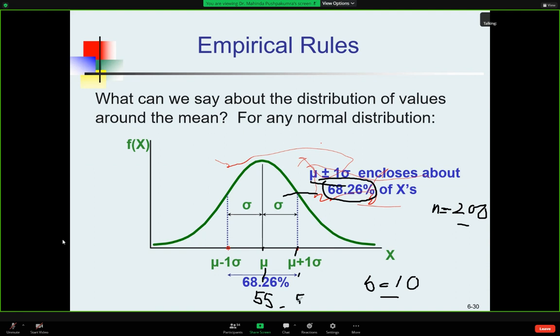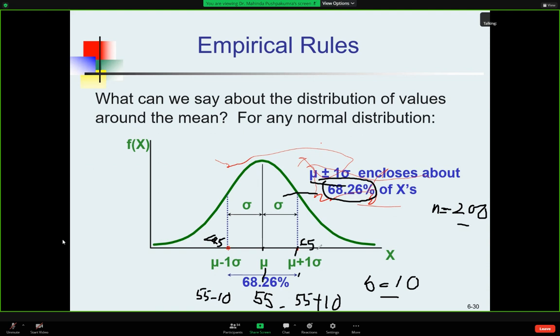That means mean is 55, one standard deviation is 10. Then here, mean minus one standard deviation. Then the two values are 45 and 65.